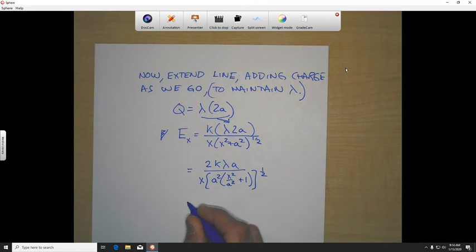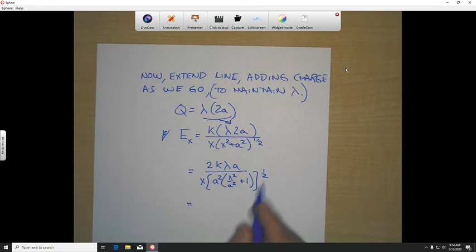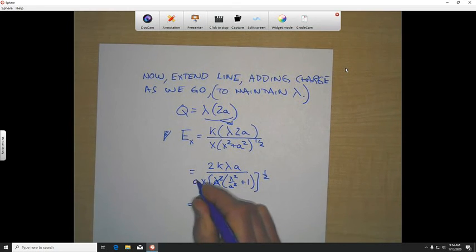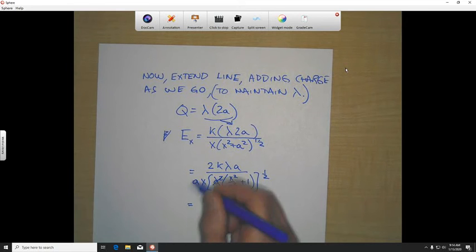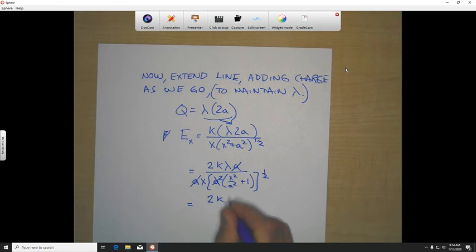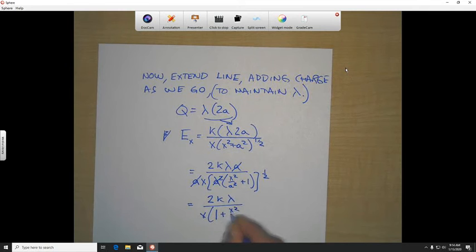So now let's do more. This 1/2 acts on this a. And what's going to happen is that that's going to come out, and it's going to come out here. Laws of algebra. The 1/2 x brings this out. And then this a is going to cancel with that a. And I'm left with 2k lambda all over x times 1 plus x squared over a squared, all to the 1/2.